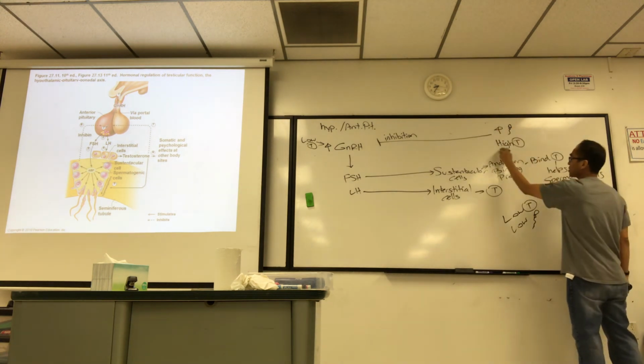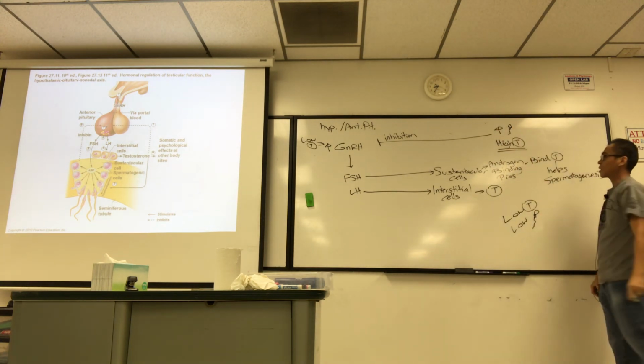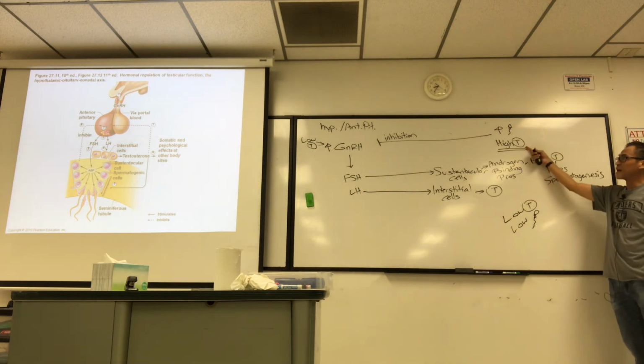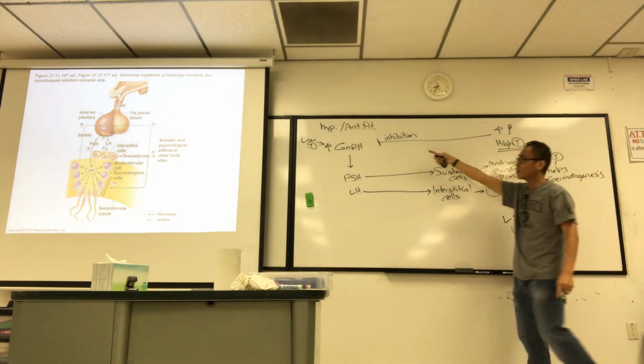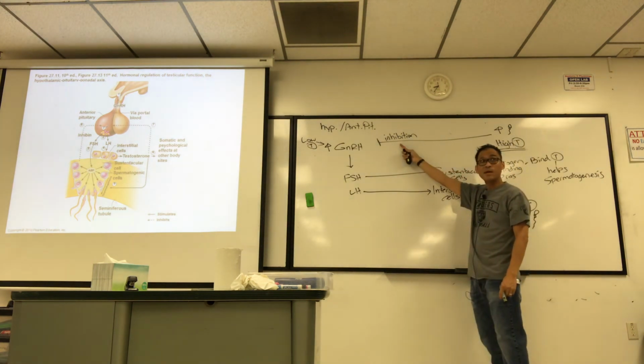So what about athletes or anybody, female bodybuilders, for example? They inject testosterone. What's the effect on this axis here? You inhibit. So what happens to the testicles in a man? They shrivel up.